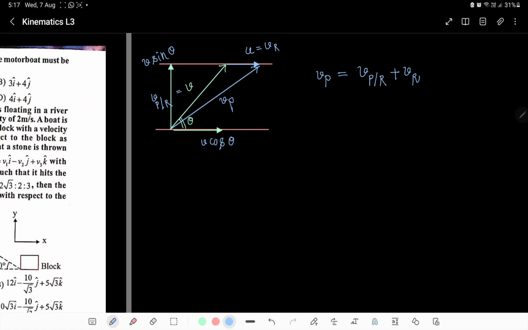That is the only logic that is important here: Vp is equal to Vpr plus Vr, right?